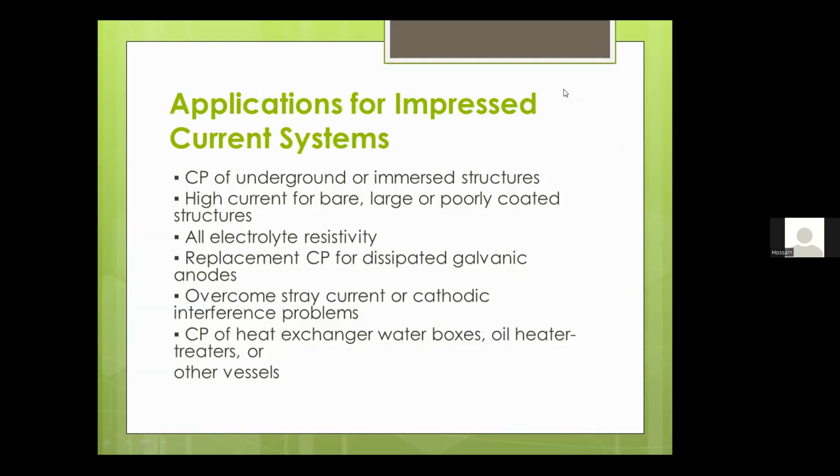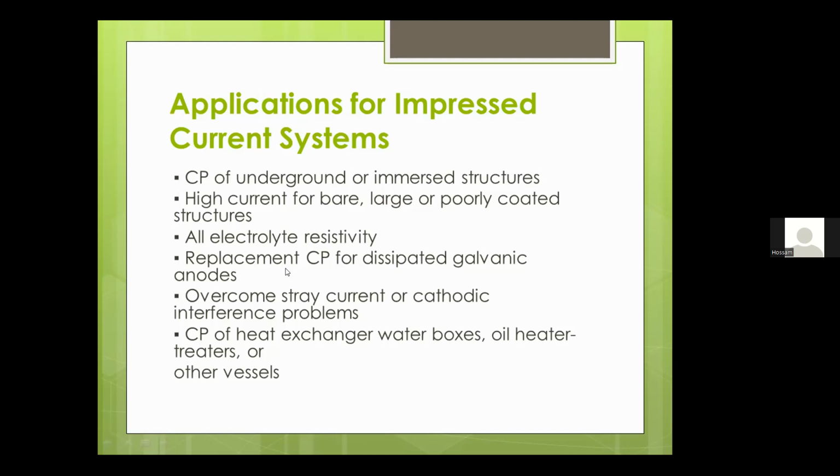The applications of impressed current systems: cathodic protection of underground or immersed structures, high current for bare, large, or poorly coated structures. If the electrolyte resistivity has a wide range, we can use impressed current cathodic protection. It is also used as a replacement of cathodic protection for dissipated galvanic anodes, to overcome stray current or cathodic protection interference problems.